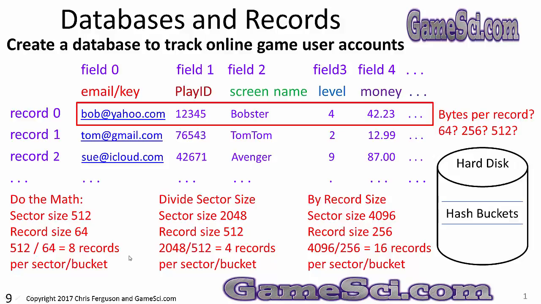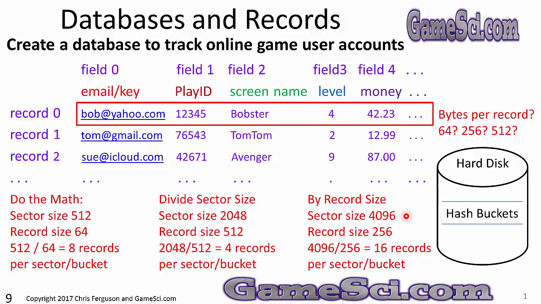But again, not all sector sizes are the same. If you had a sector size of 2048 and a record size of 512, the math 2048 divided by 512 means you'll be storing 4 records per sector or bucket.